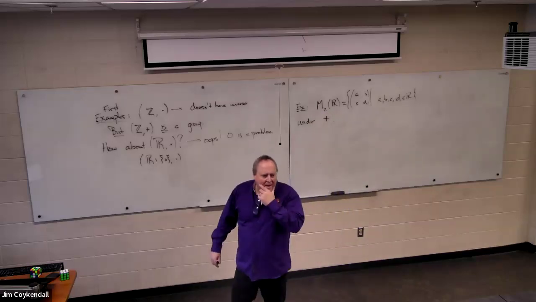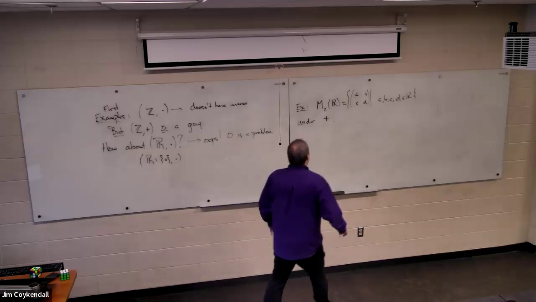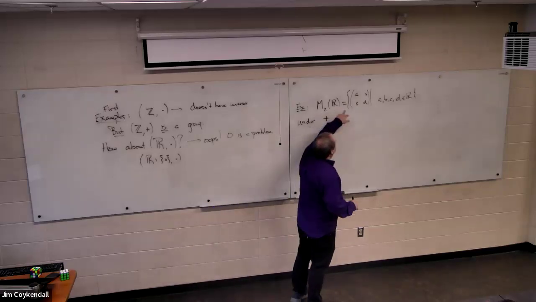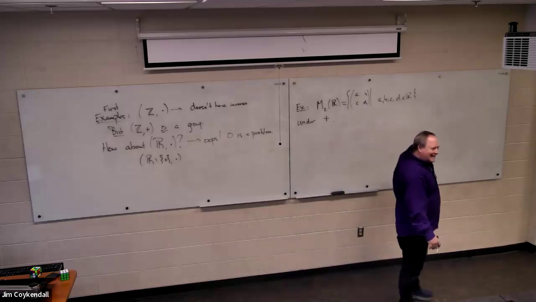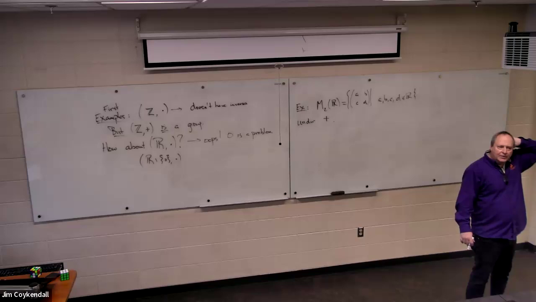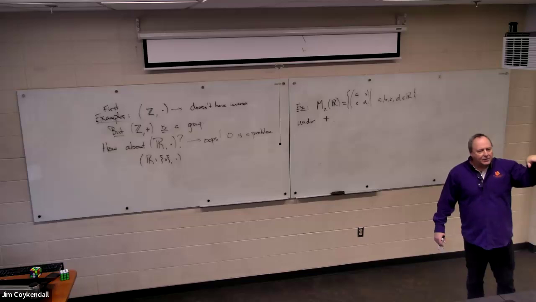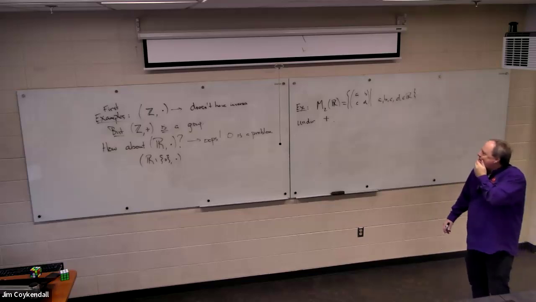Because let's suppose I multiply 2 by 2 matrices. What's the identity for 2 by 2 matrices? The two by two identity is what? 1, 0, 0, 1, right?